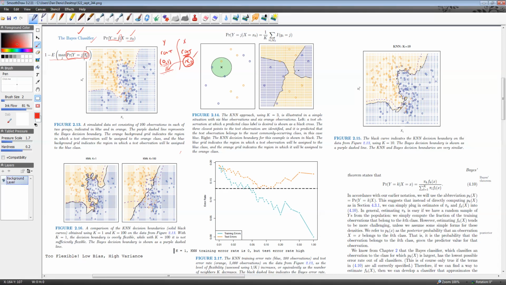So this is a general statement for x that we're using here. The error rate is 1 minus the overall average of that maximum probability of membership. Okay, so you look at this and you say, well, given an x sub naught, I'm going to predict with the highest probability. That's what I'm trying to do.